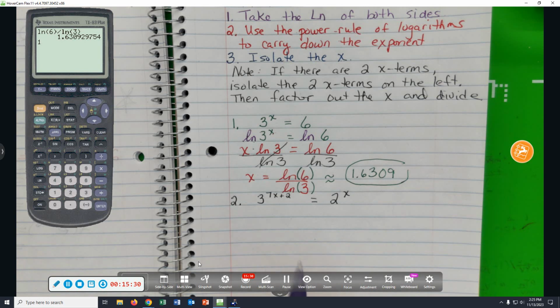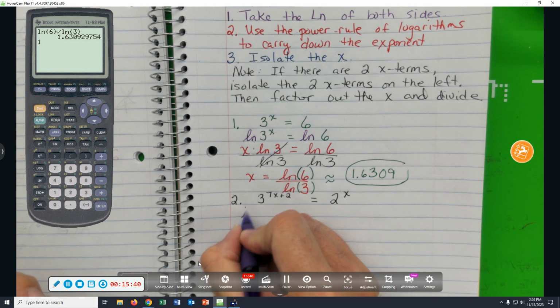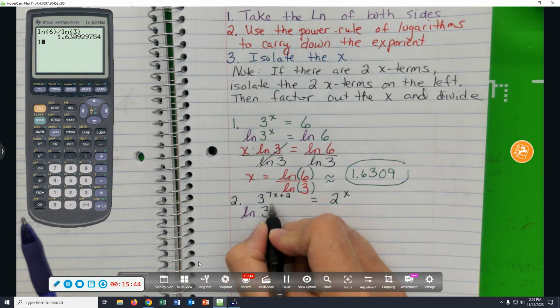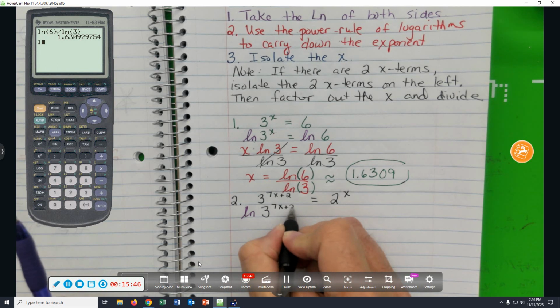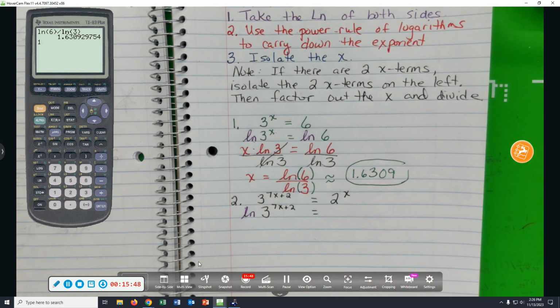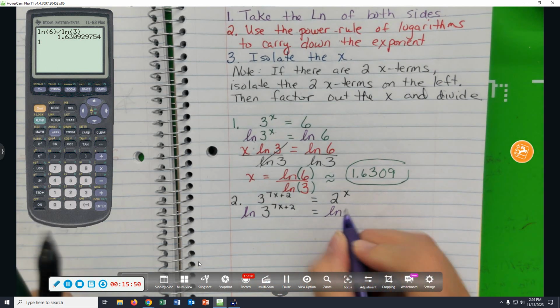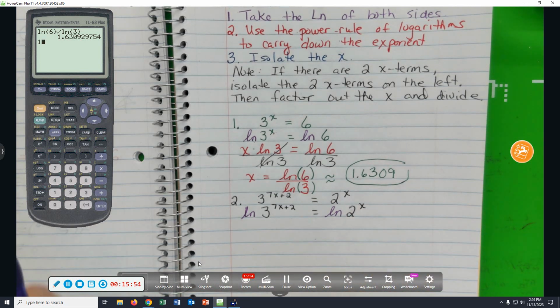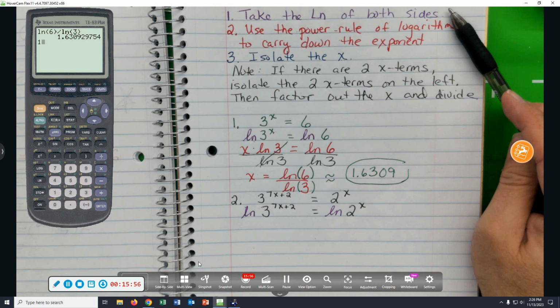There's no way you can get a common base between 2 and 3. So stick ln in front of each side. Again, I'll rewrite it. So that was the first step.